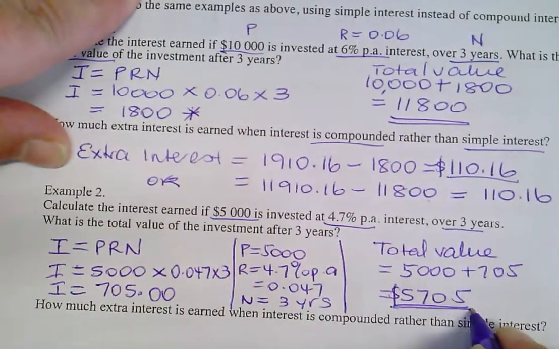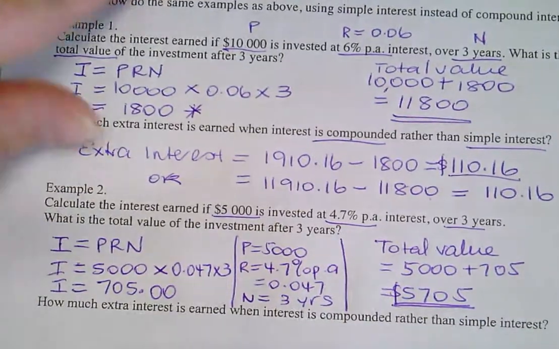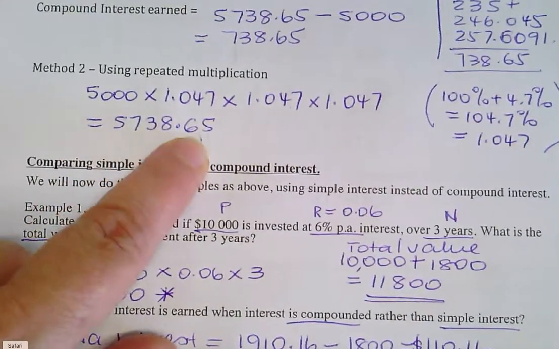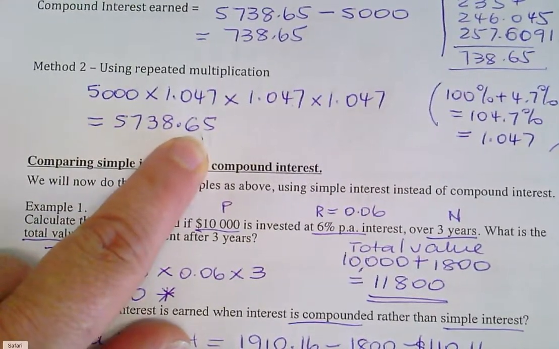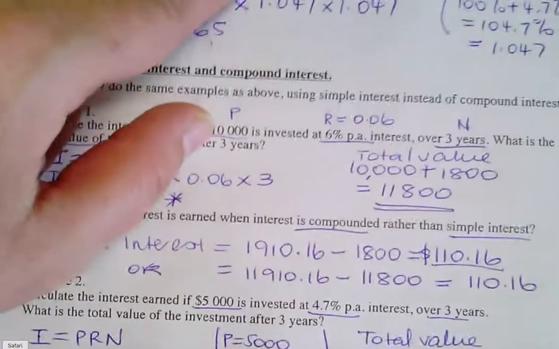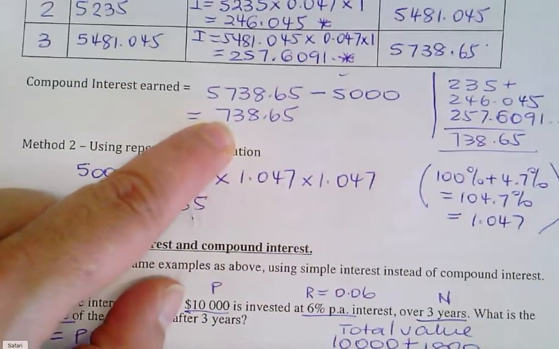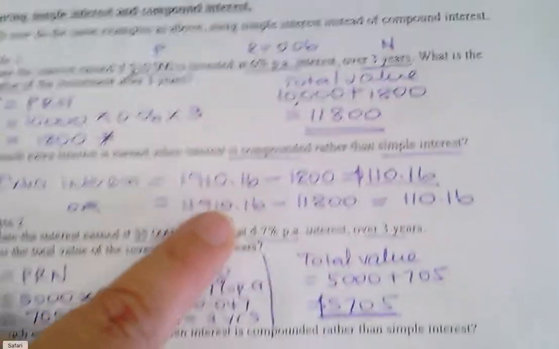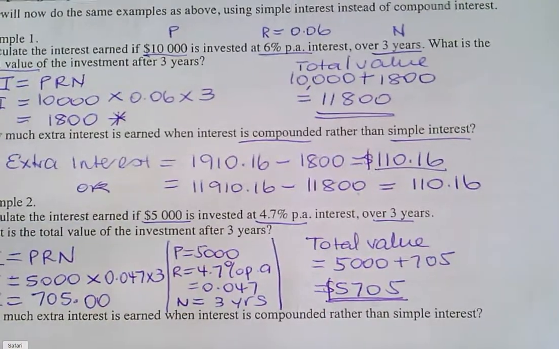So I'm comparing this underlined amount here with this amount here, the final amount, 5,738.65. Or I could compare the two interests. The interest for simple interest was 705. The interest for compound interest was 738. You can either compare the final amounts, the total values, or the interest values only.